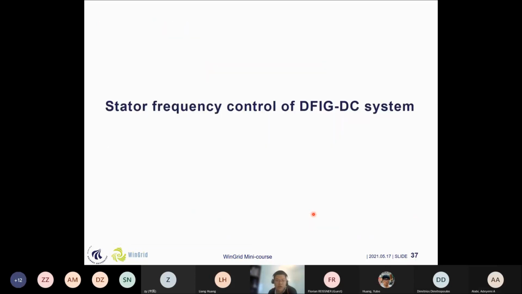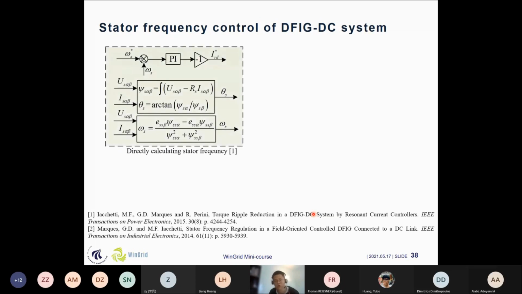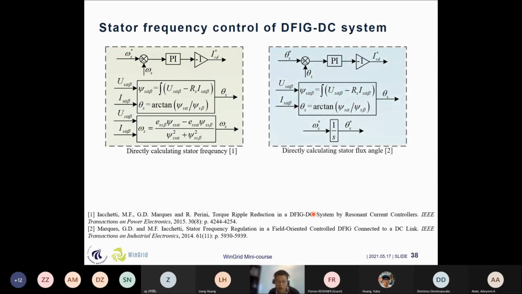So the first part is the stator frequency control of the DFIG-DC system. I just mentioned that the stator frequency is not imposed by the AC grid, since there's no AC grid for the DFIG-DC system, because the stator side is connected to the diode bridge. There are some papers on how to do the stator frequency control.